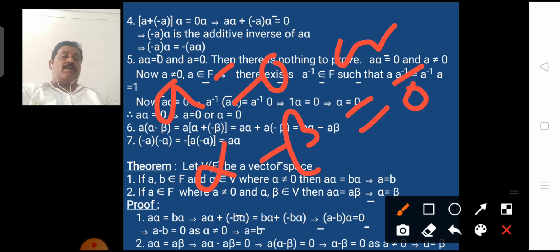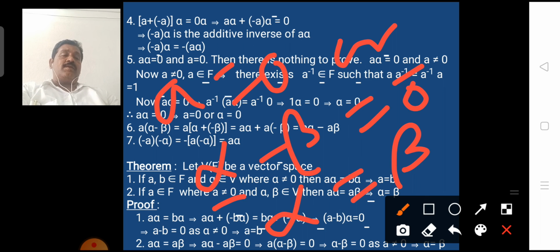By given data, since A not equal to 0, we have alpha minus beta equal to 0 bar, that is alpha equal to beta. These two theorems belong to the properties and the characteristics of a vector space.